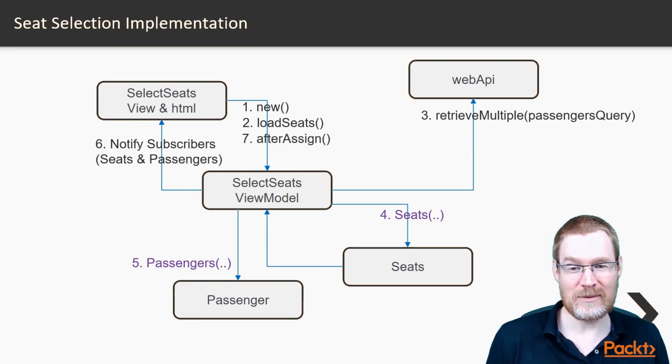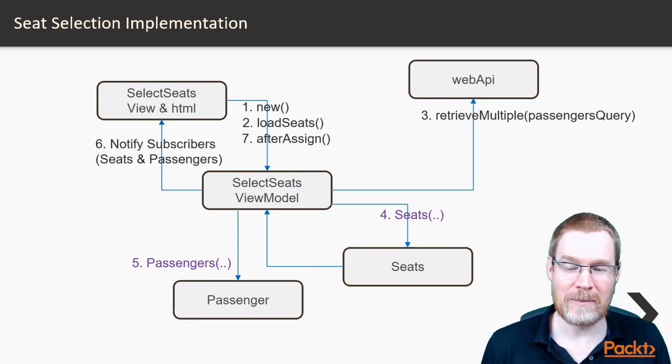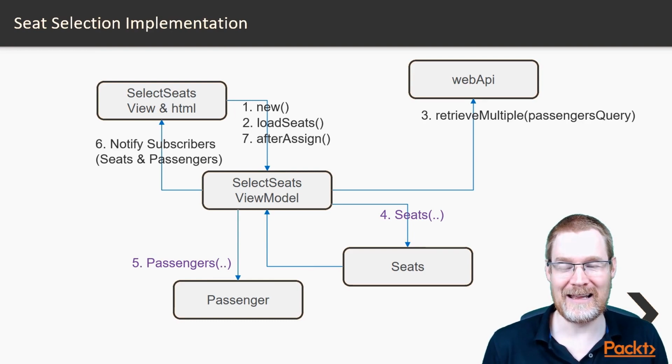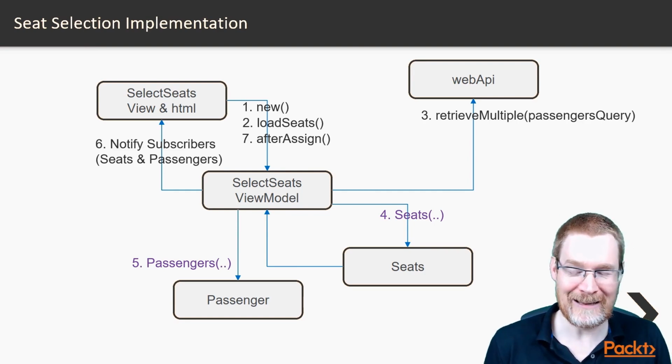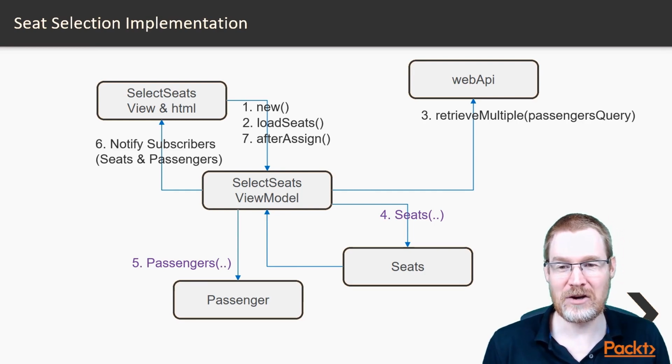And then we can use a drag and drop binding to allow the user to move between those different collections. And the great thing is that Knockout will simply remove from one collection and put it into another collection when we drag and drop. And then we can have an afterAssign function called every time we drop something.